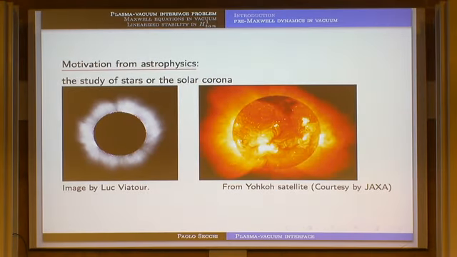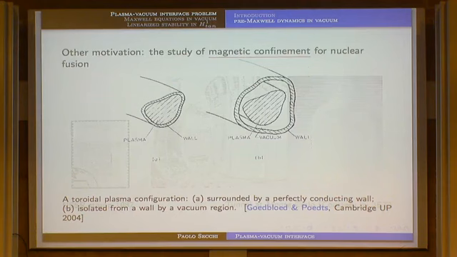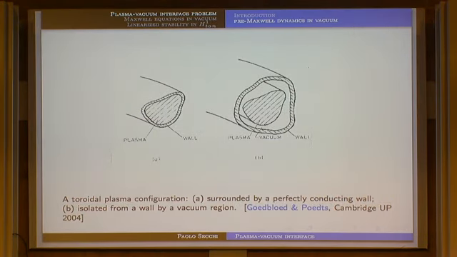Possible motivation for this problem come from astrophysics or from magnetic confinement for nuclear fusion, where we have typically a toroidal configuration with many possibilities.